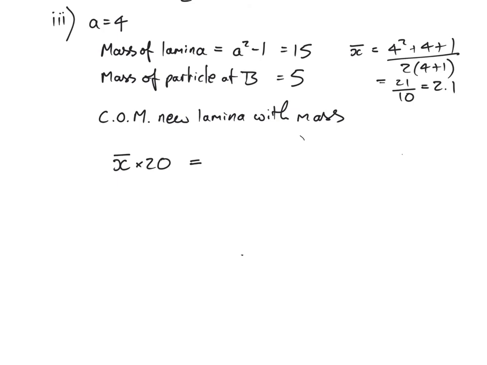So the mass of the old lamina is 15 times 2.1, and in the x direction the particle has mass 5 and it's at A. So x bar equals 15 times 2.1 plus 5 times 4 divided by 20, which is 2.575.